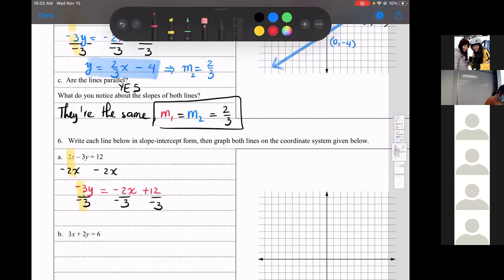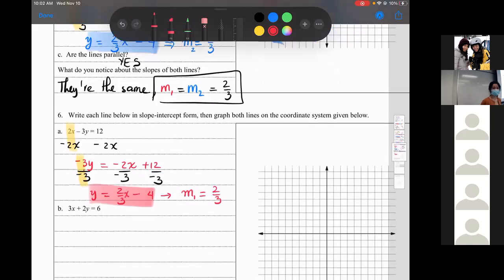So y equals 2/3 x minus 4. And then the slope here is m1 equals 2/3.